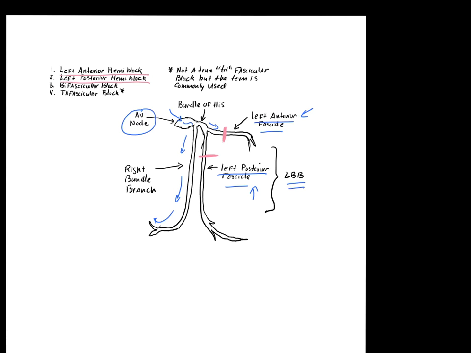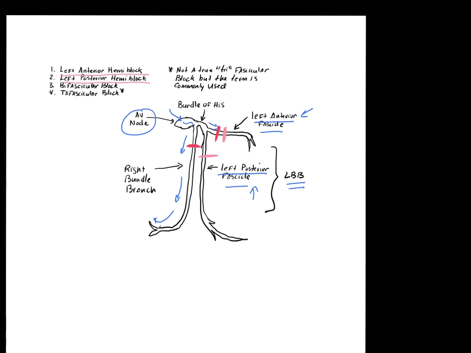Okay. Now, I could also have a blockage of, and maybe I'll select a slightly different color here, one of the fascicles, particularly the left. I could have a blockage of the left anterior fascicle, and I could have a right bundle branch block, which would just leave the left posterior fascicle open for conduction down into the ventricles.